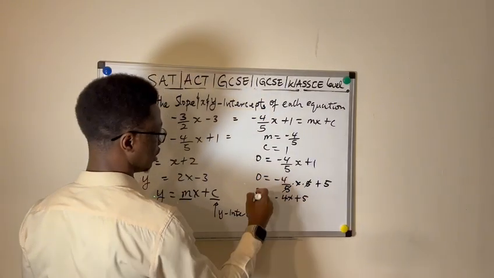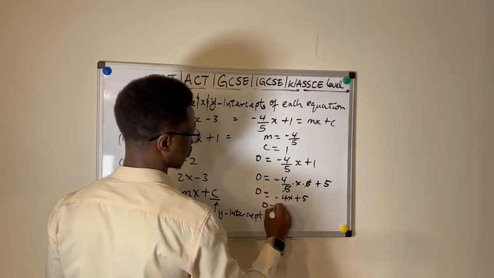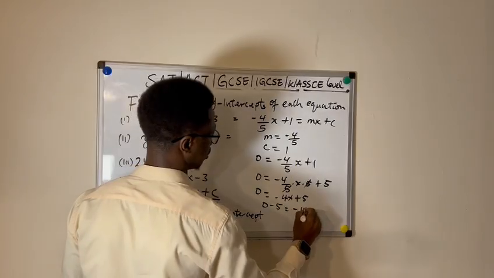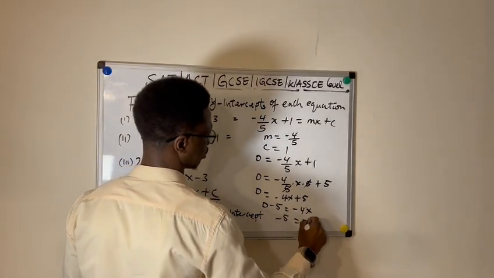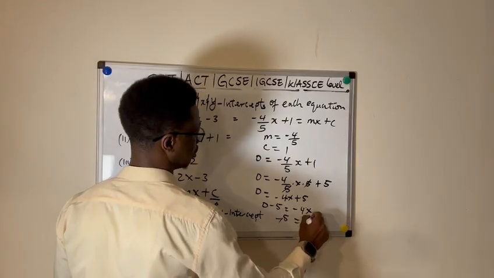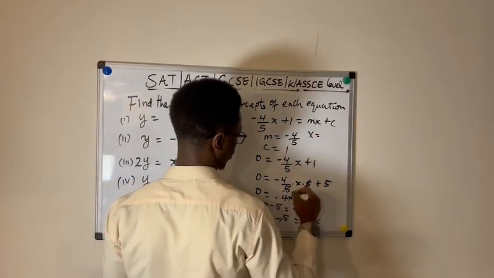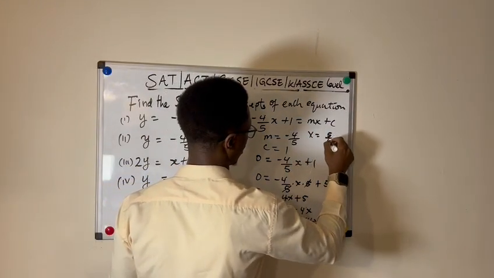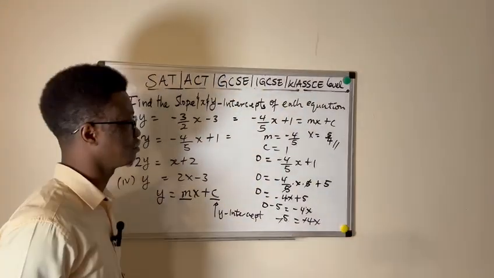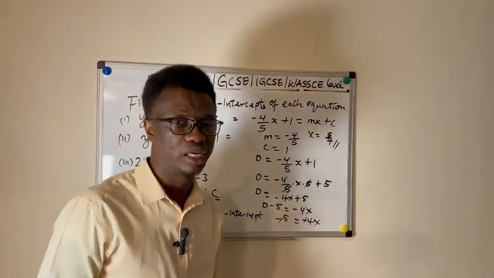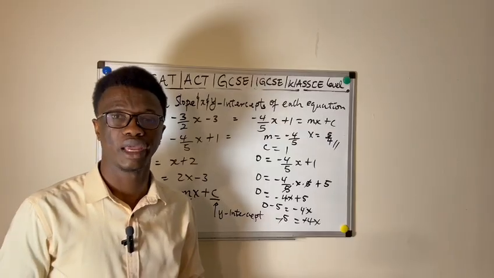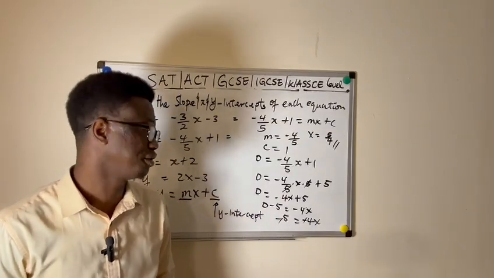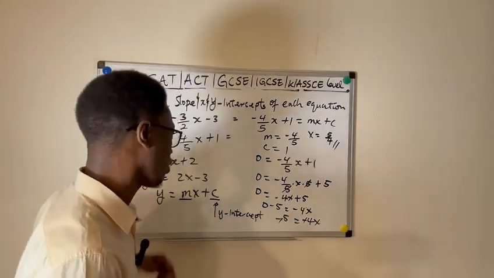If you bring this one over, it becomes 0 minus 5 equals minus 4x. You are transposing. This becomes minus 5 equals minus 4x. This and this cancel, so here your x becomes 5 over 4. Okay? 5 over 4 is your x-intercept. Easy.